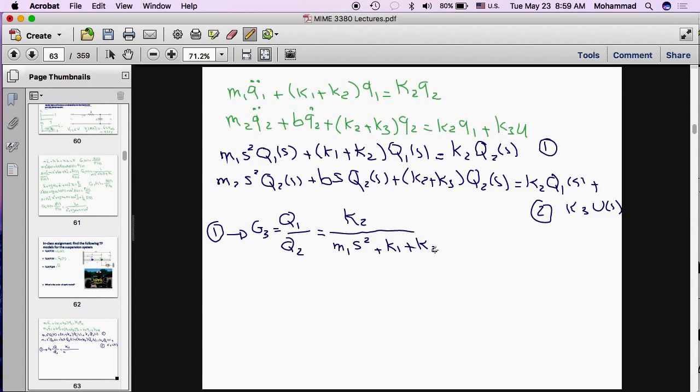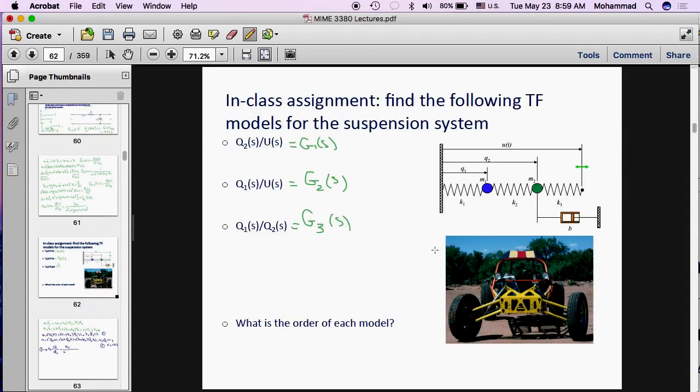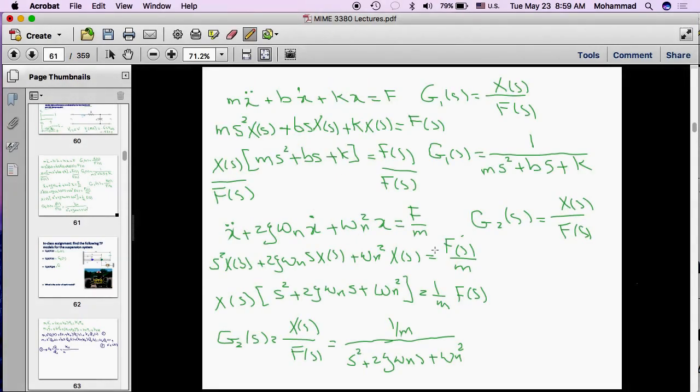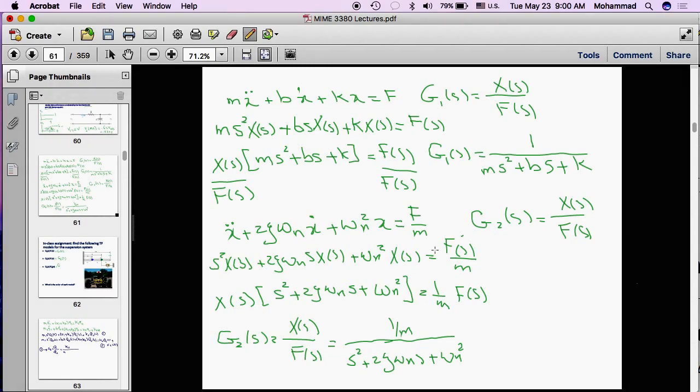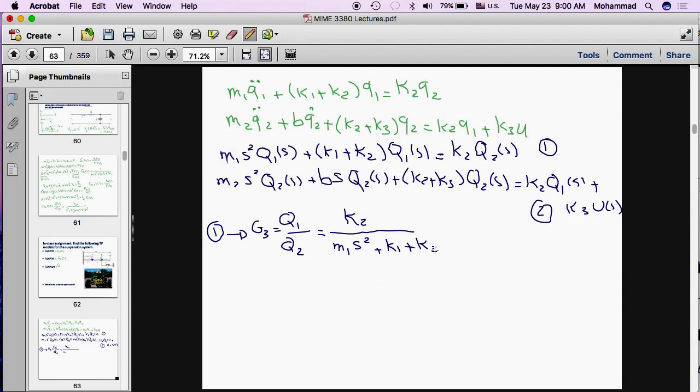What is the order of this system? It's a second order system. Now, if you compare the denominator of this transfer function to the denominator of g1 of s, where you have ms squared plus bs plus k, what do you see?